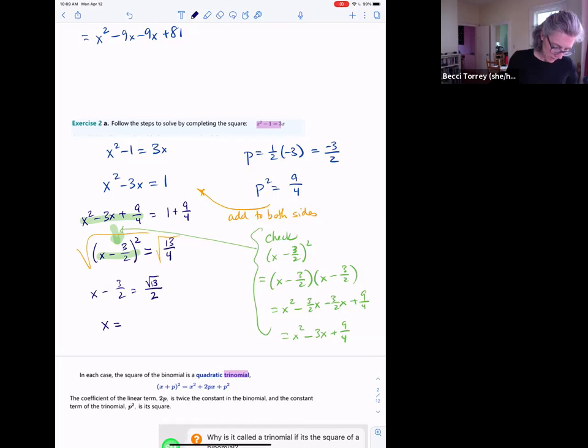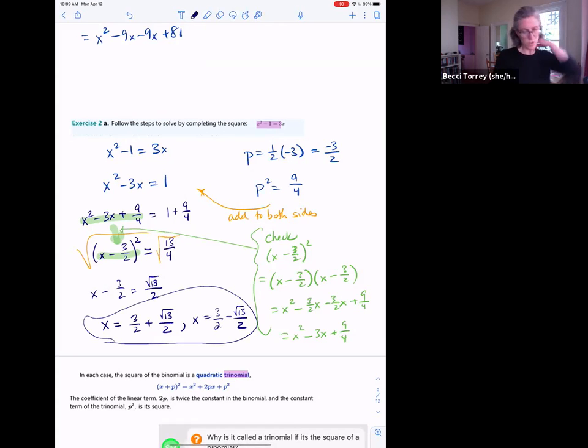So this is x equals 3 over 2 plus the square root of 13 over 2. And of course, we actually have two solutions, right? Because the square root of 13 could be negative also. So we could also have x equals 3 over 2 minus the square root of 13 over 2. So these are our two solutions.